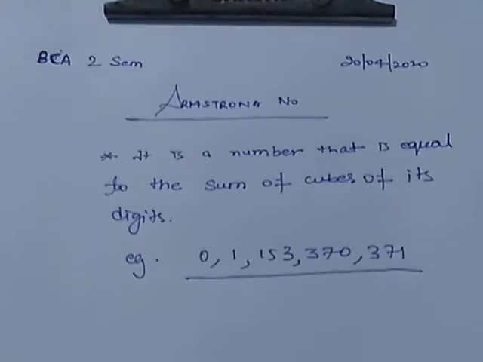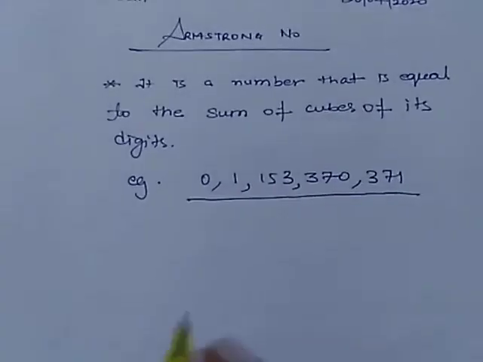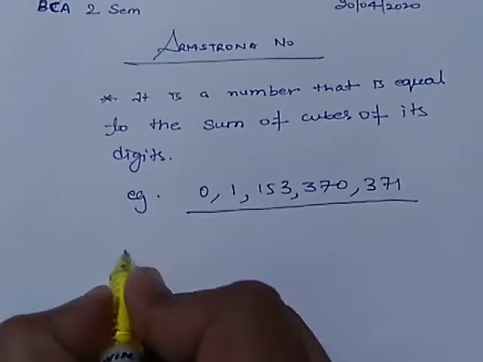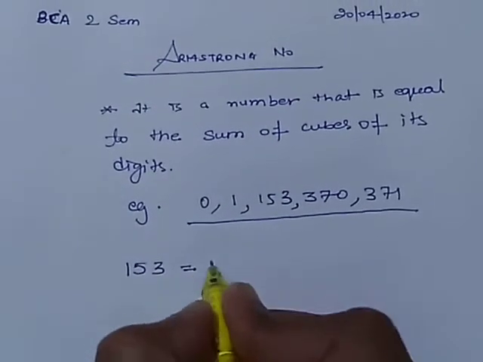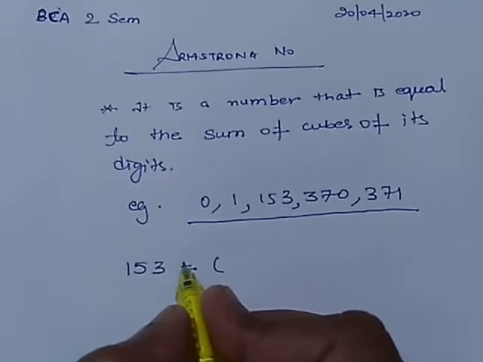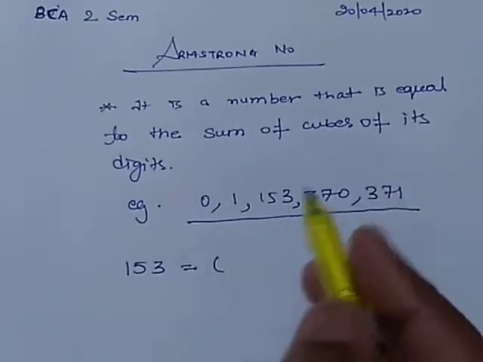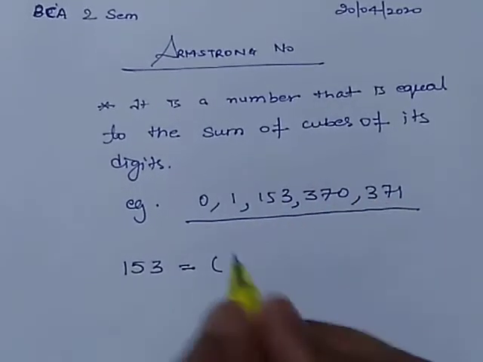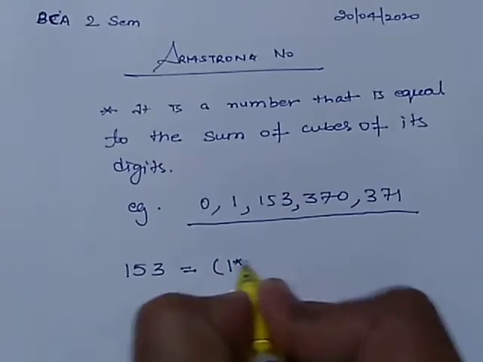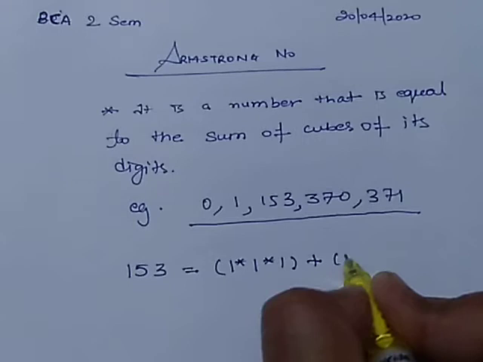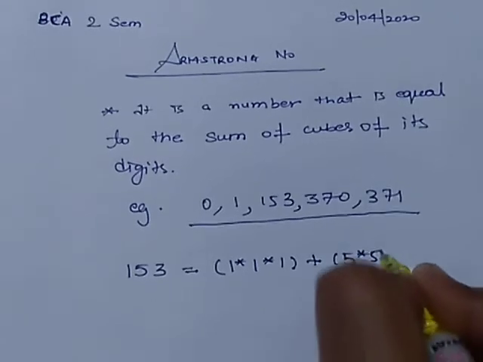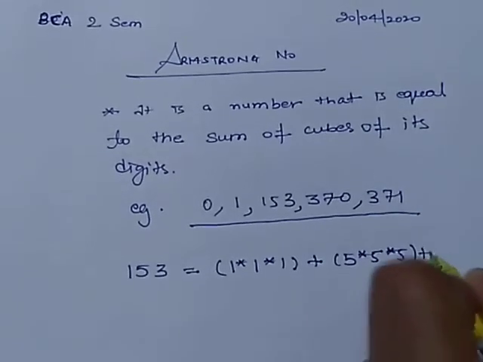So let us understand its logic. Suppose we have a number 153. So Armstrong number is a number that is equal to the sum of cube of its digits. So 1 multiply 1 multiply 1, we have taken a cube of 1. Then 5 multiply 5 multiply 5.